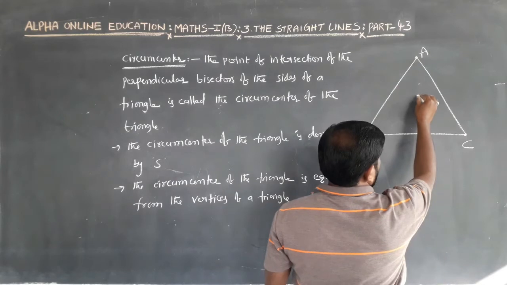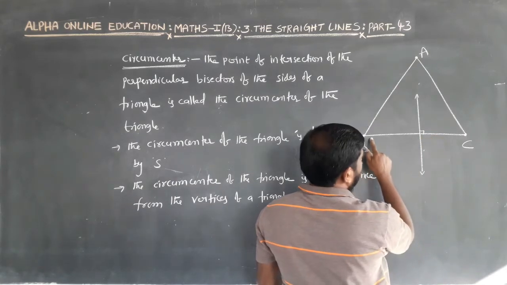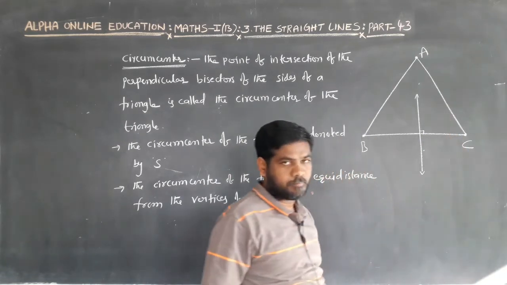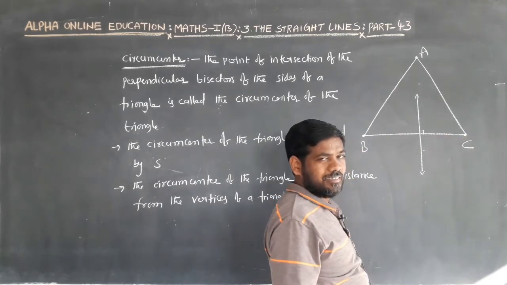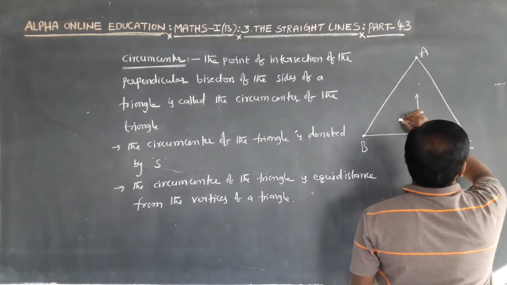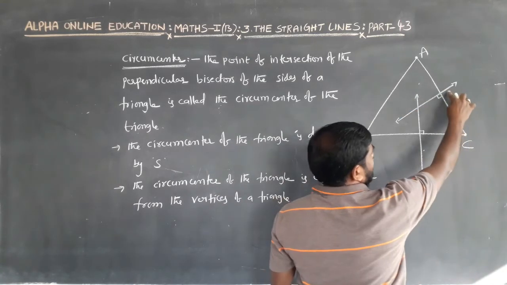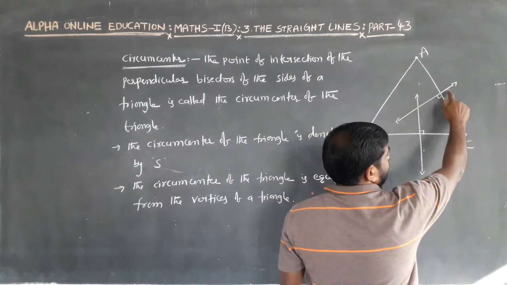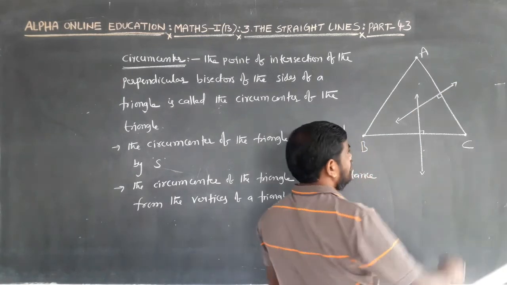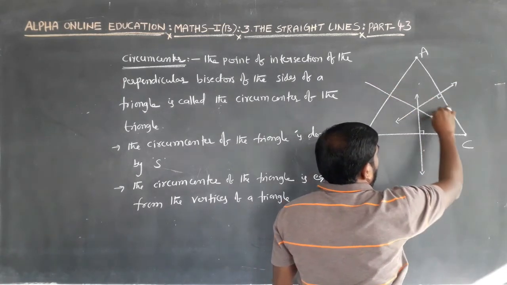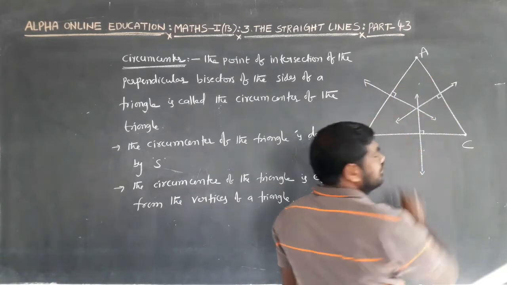This is one line, the perpendicular bisector of the side BC. This is also the perpendicular bisector of the side AC, and this is also the perpendicular bisector of the side AB.